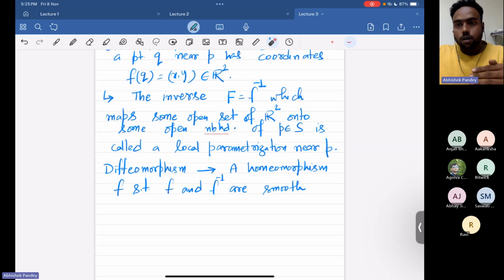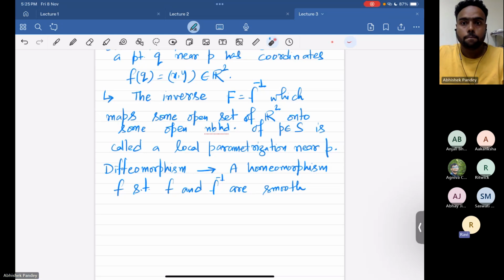You can have different orders of smoothness structure on a surface. If I say C2 smooth structure, by that I mean that the transition map is C2 smooth. In that case, mu is going to be continuously differentiable.